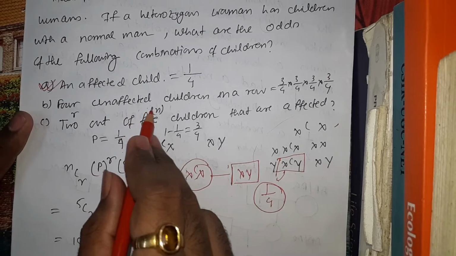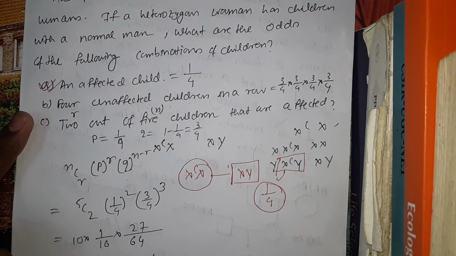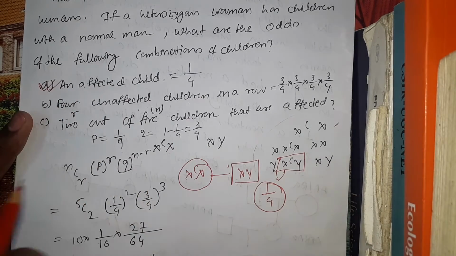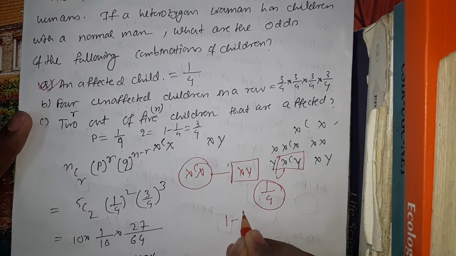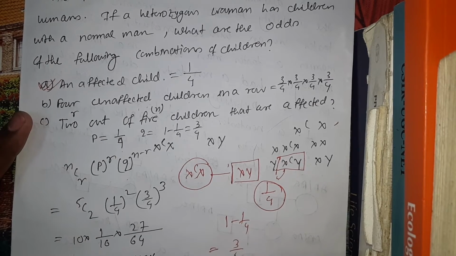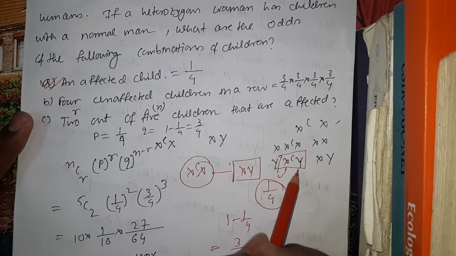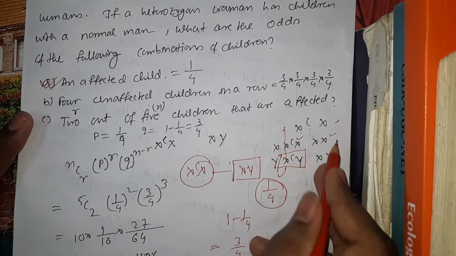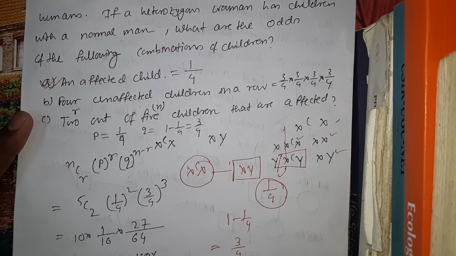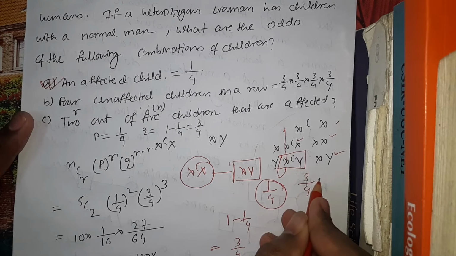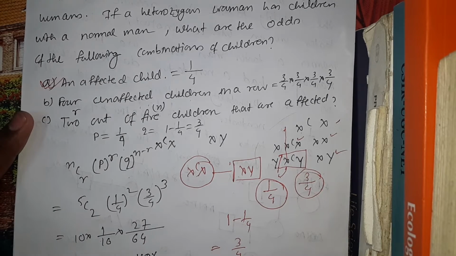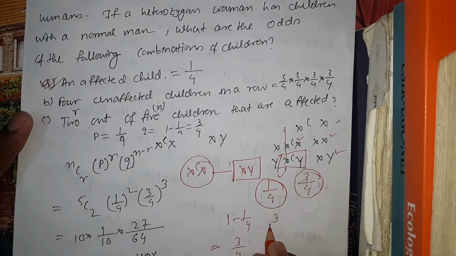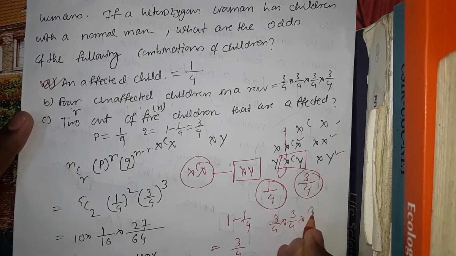What is the probability of 4 unaffected children in a row? If the probability of an affected child is 1 by 4, then the probability of an unaffected child is 1 minus 1 by 4, or 3 by 4. You can also find this from the Punnett square: this is unaffected, this is unaffected, this is unaffected, out of 4 combinations, so the probability of an unaffected child is simply 3 by 4. They are asking about 4 unaffected children, so we need to multiply it 4 times.